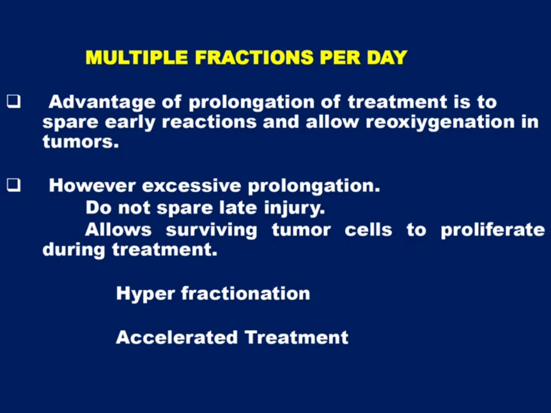Now, the explanation for the changing shape of the curve for early and late responding tissue. There are two groups of populations considered radio-resistant. One is those cells in S phase, which occupy a major portion of the cell cycle and are radio-resistant, as I told you.